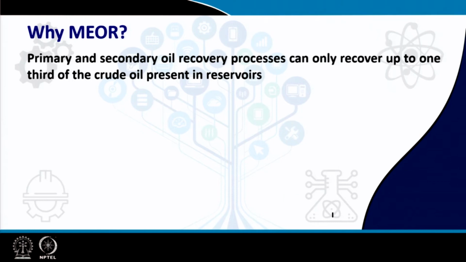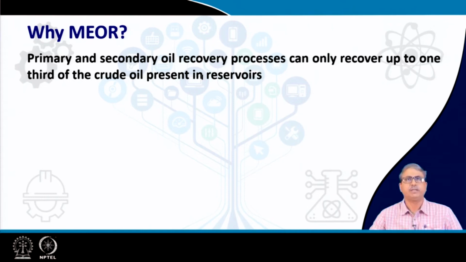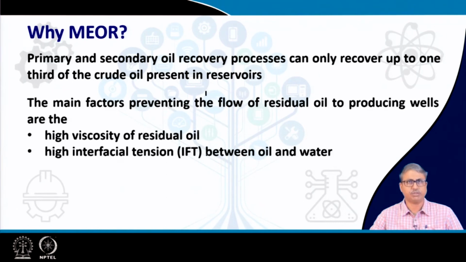Now, why is MEOR required? Primary and secondary oil recovery processes, which are mostly physical and chemical methods, can only recover up to 1/3 of the crude oil present in the reservoirs.